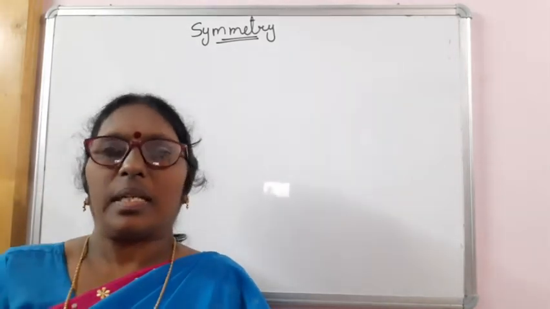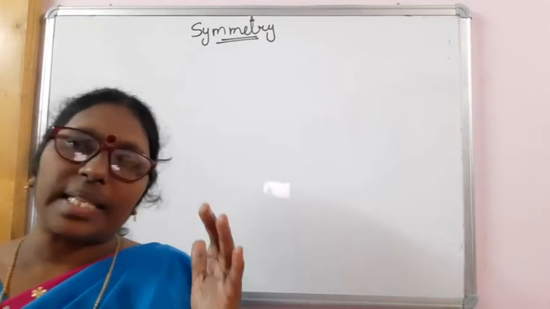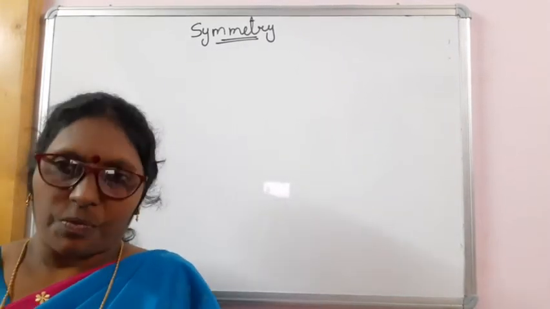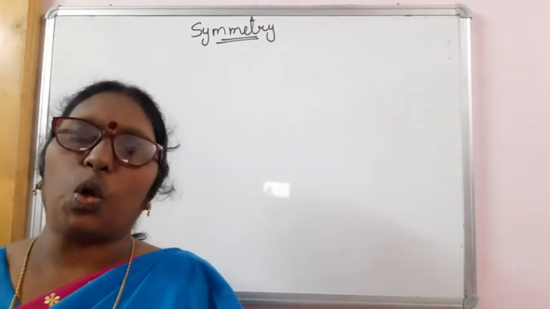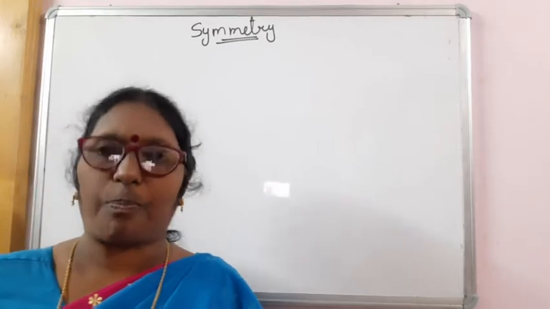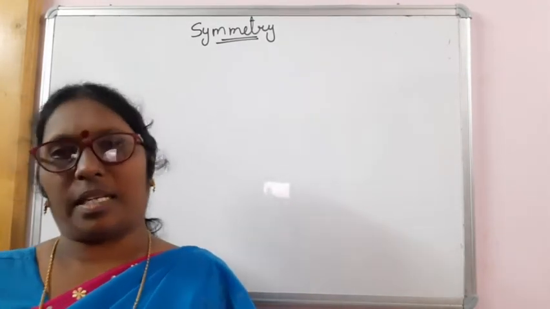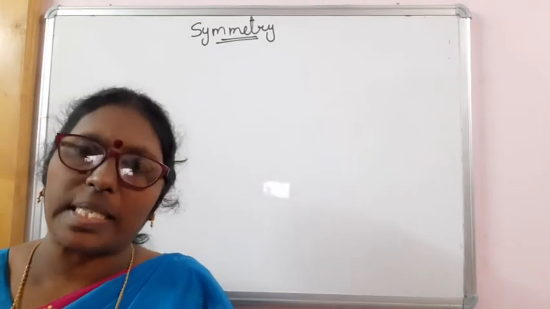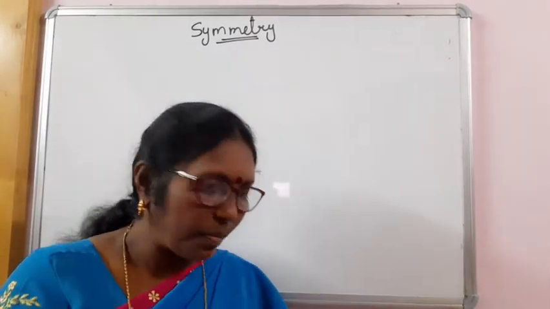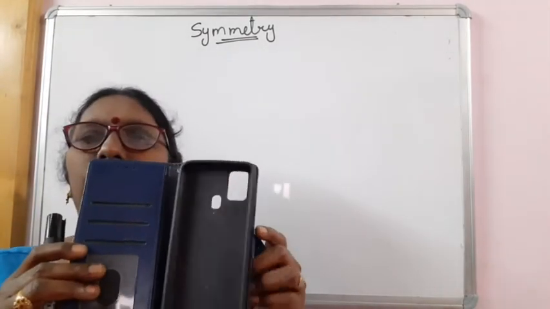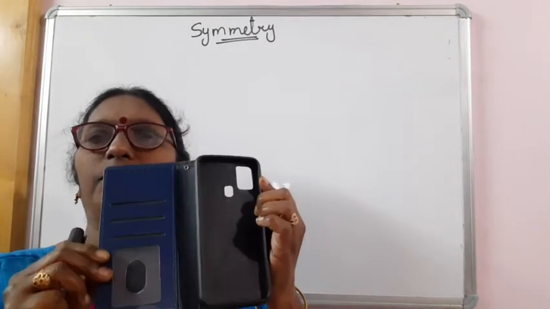First of all, let us understand what is symmetry. An object has symmetry if it can be divided into two equal parts, such that one part coincides with the other. Let me give you an example. This is the phone cover. Let us think of this as a rectangle shape.